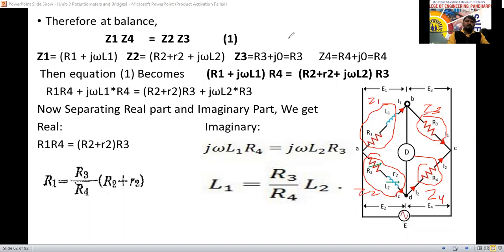So now what we have to do? At balance condition, we have already derived that R1, R4 equal to R2, R3. But for the AC circuit, what is the formula for the balance condition?